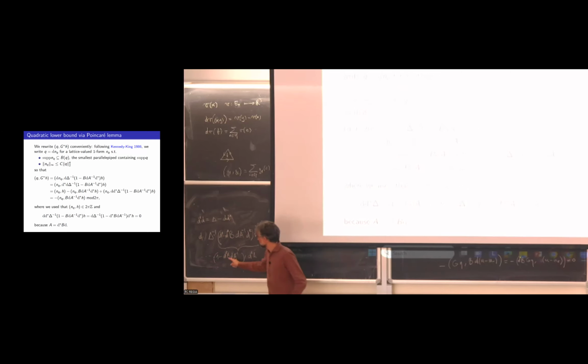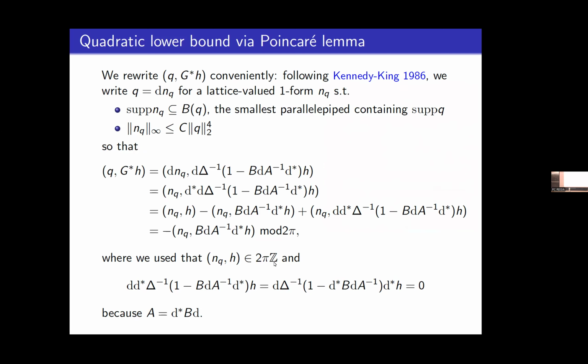Okay, this is, I think, a cancellation similar to the one you wanted to do before. So now this is equal to A. So this is A minus 1, which is 1. So this is 0. So this part here is 0. This part here, since NQ is lattice valued, H is reciprocal lattice valued, this is proportional to an integer multiple.